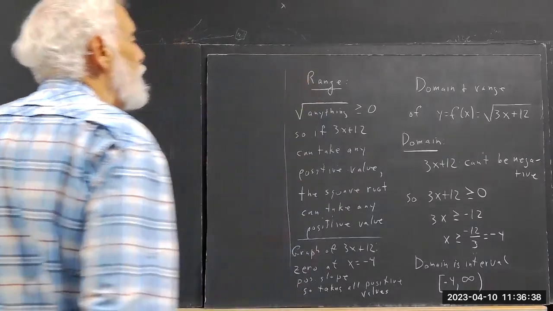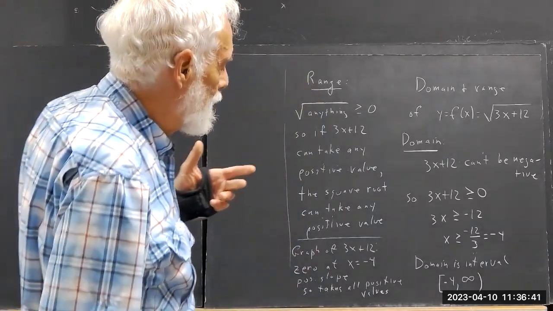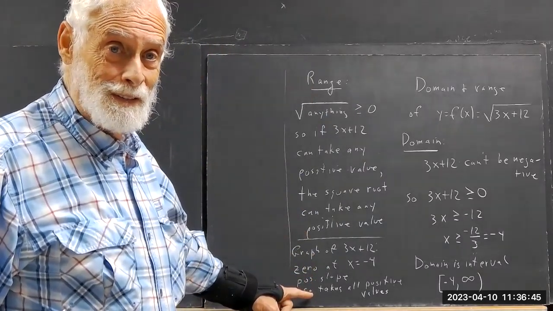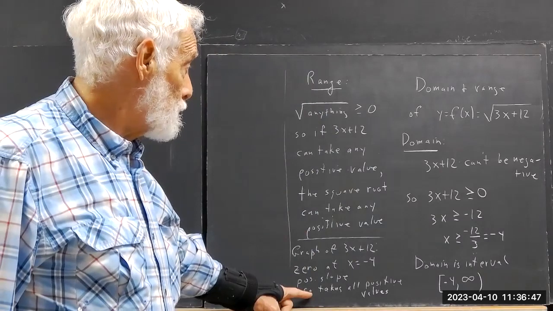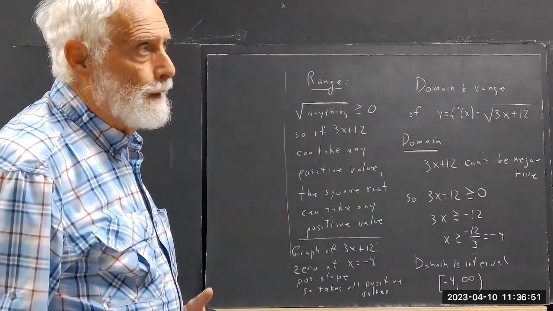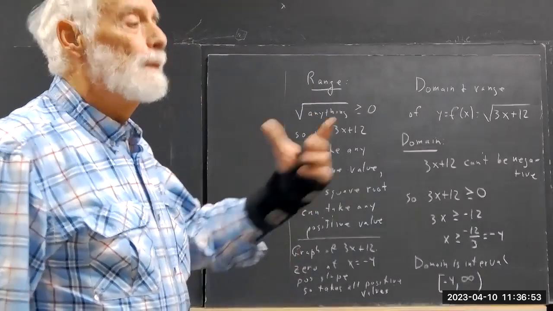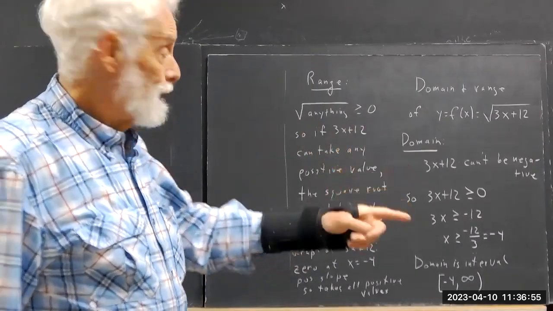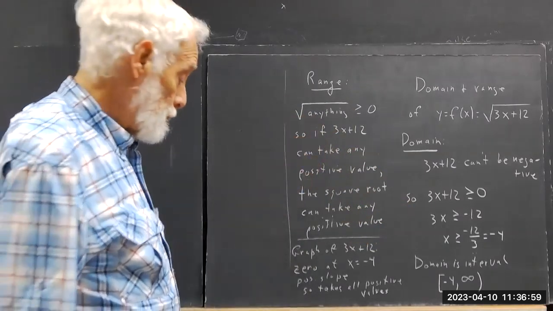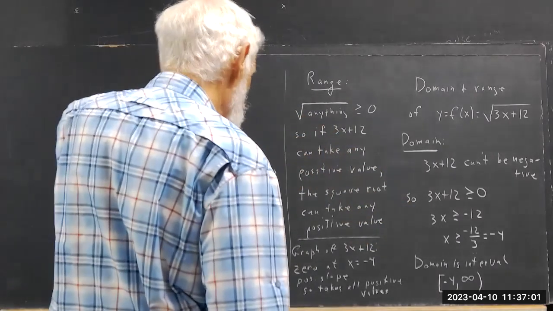Now, that's pretty persuasive. But we haven't really proved that the square root takes all positive values if what's under it takes all possible values. So what we're going to say is, now get really rigorous.